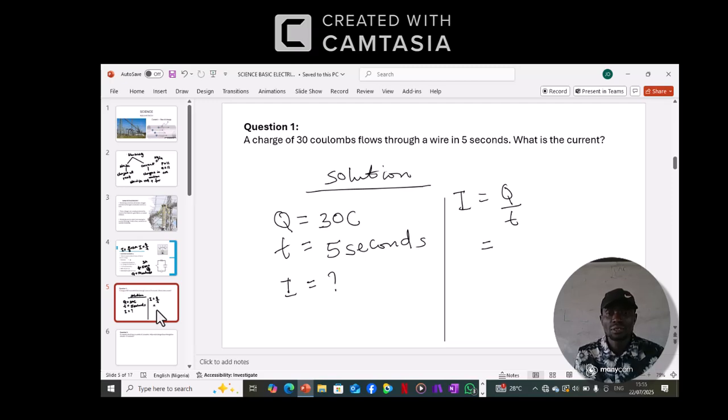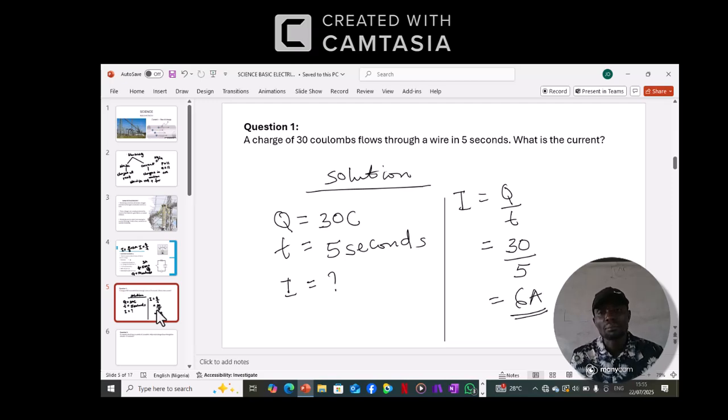Q is 30, then T is 5. So 30 divided by 5, that's 6. So the unit is A, that is 6 amperes.